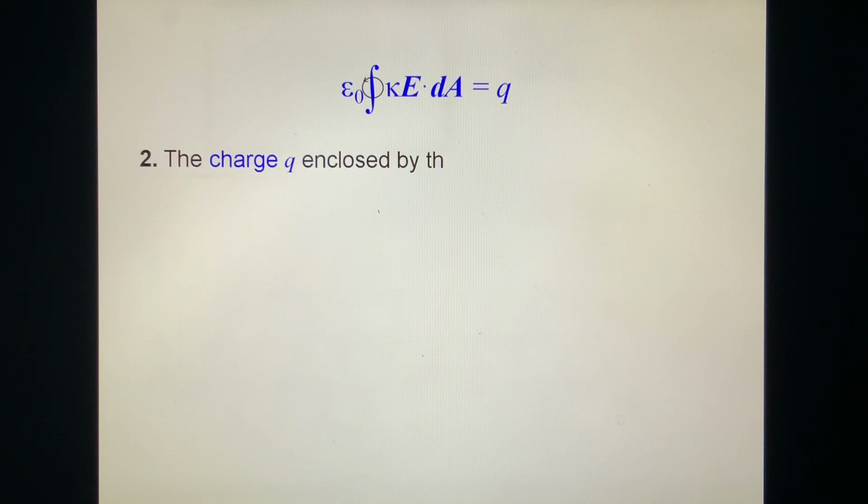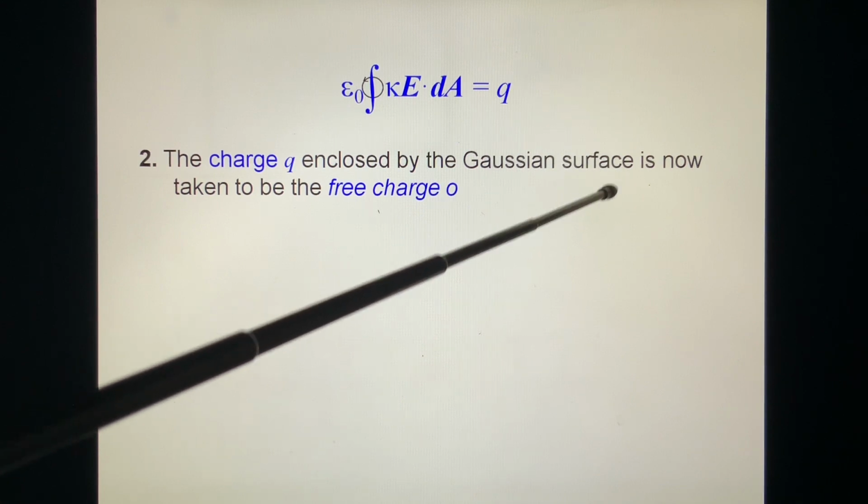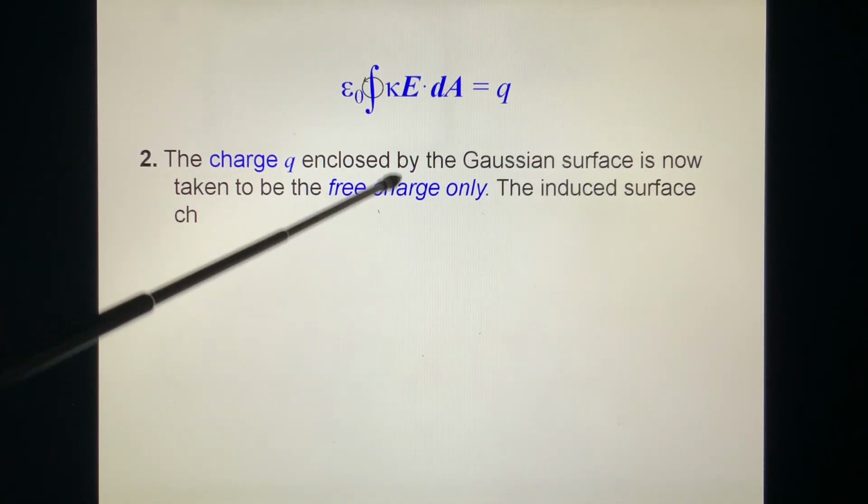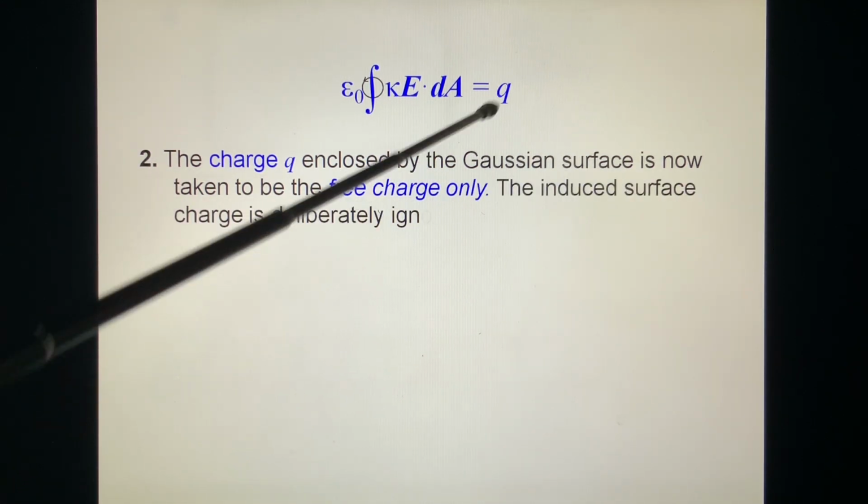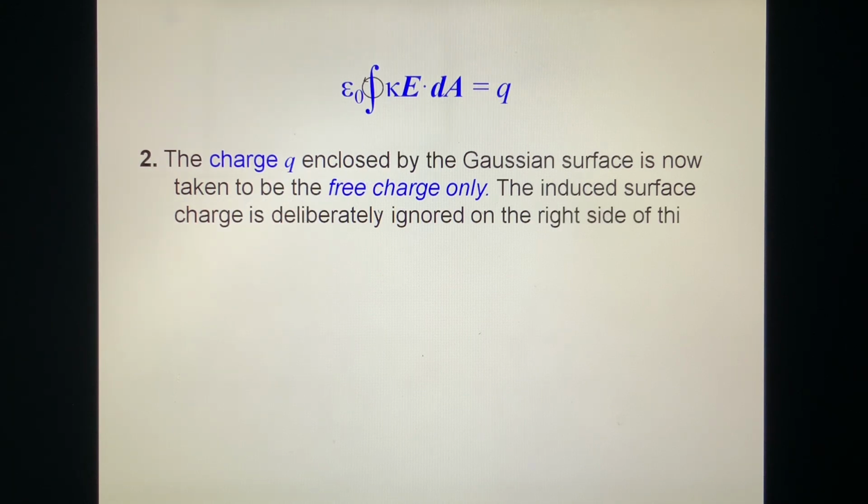2. The charge Q enclosed by the Gauss surface is now taken to be free charges only. Okay, we don't consider the induced charge.